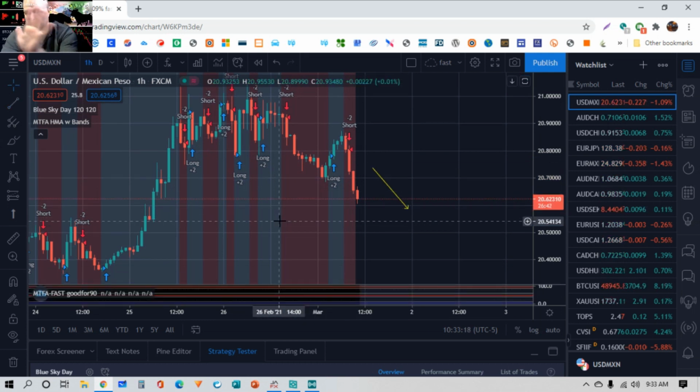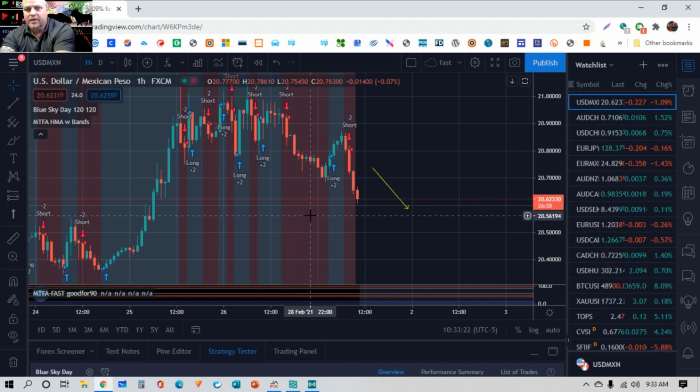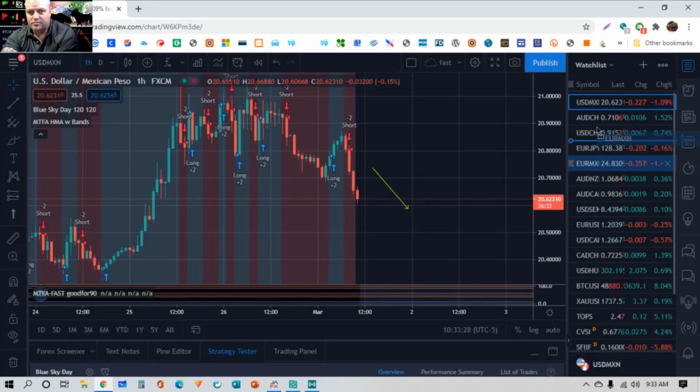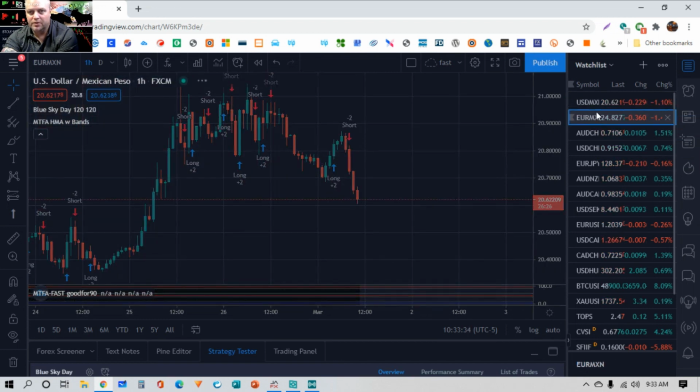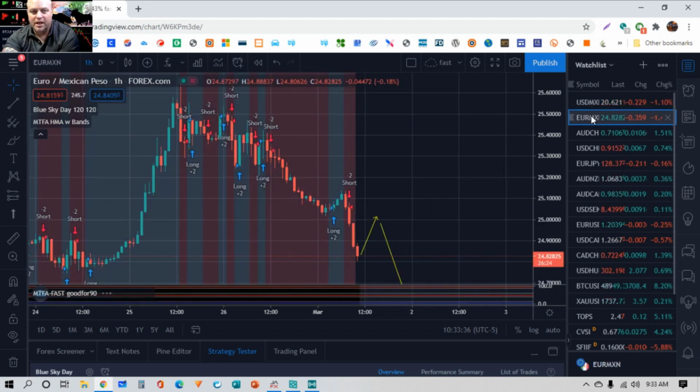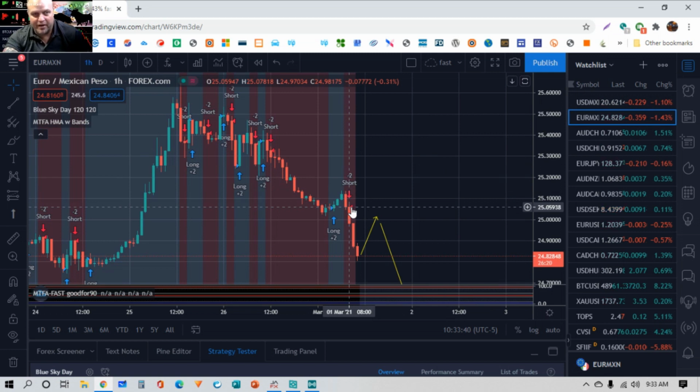But anyways, I don't want to get y'all in different currencies and everything, but this is a little trick I've learned. When one does one thing, one does the other. And that's what I've learned with these Mexico and Europe. So these are the 2 currencies you kind of watch a little bit. Now they may not have the exact same pattern, exact same candles, but it's pretty close.